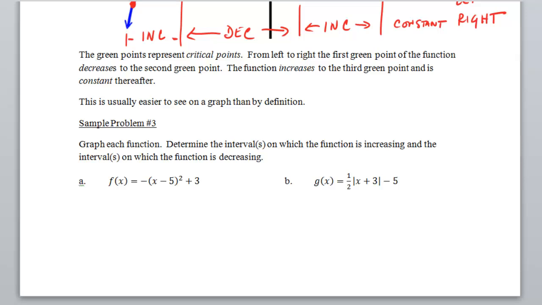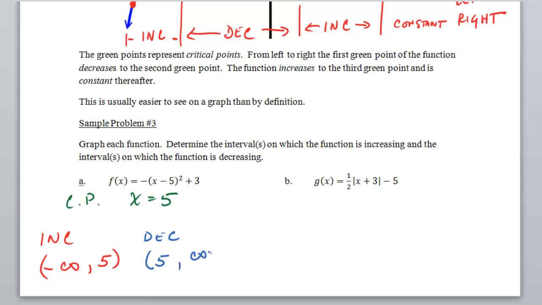So once we recognize that critical point, x equals 5, we can say that this is increasing on an interval of negative infinity to 5, and of course we don't include those values, and it's decreasing from 5 to positive infinity. And so that would be the two intervals at which this value is increasing and decreasing.